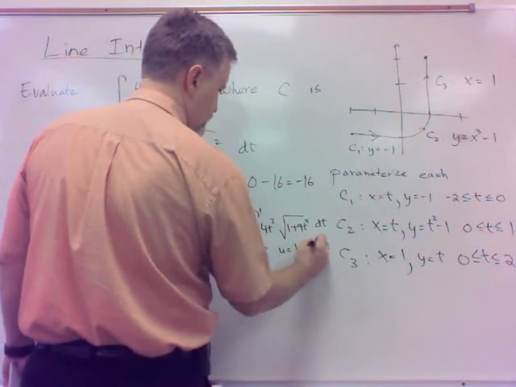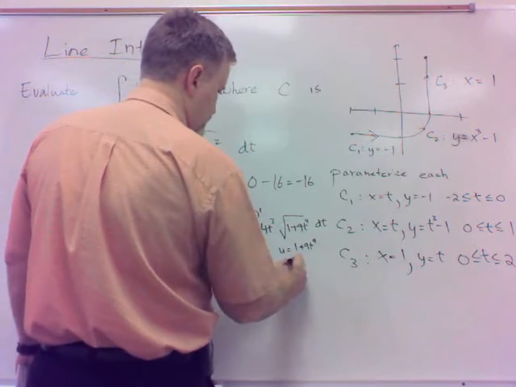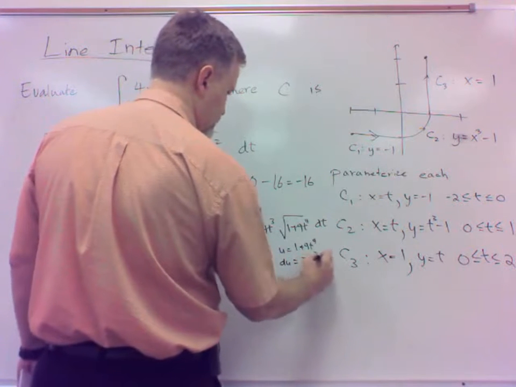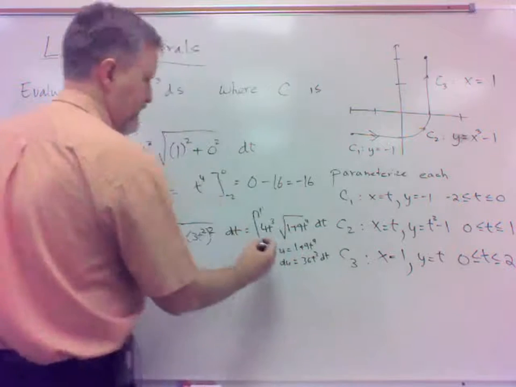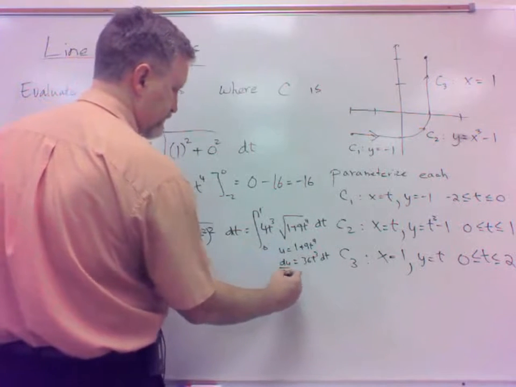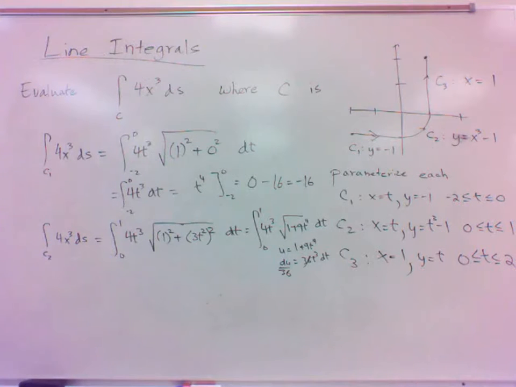U equals 1 plus 9t to the 4th, so du would be 36t cubed dt. So yeah, we just need, say dt is du over 36, and we got it, right?